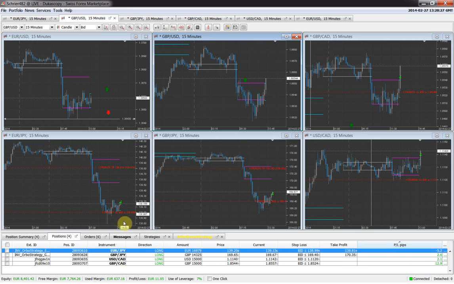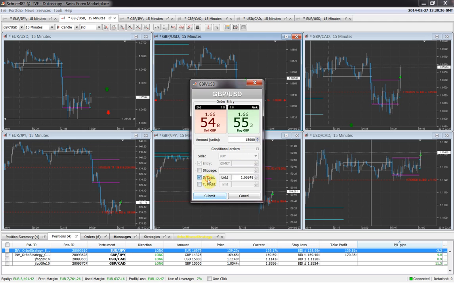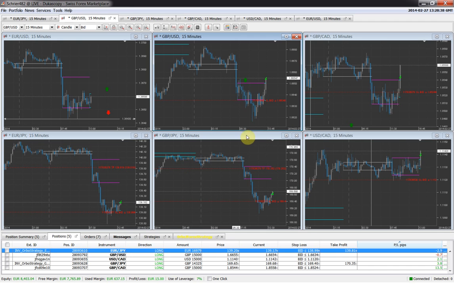Euro yen, pound yen, it takes again. Wait. Hey, what happens with the pound dollar? Okay. Let's see, it's getting paid. 14 pips pound CAD.